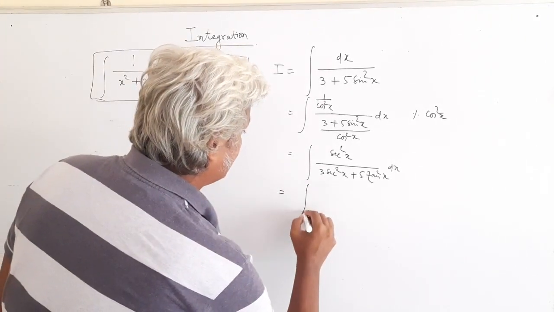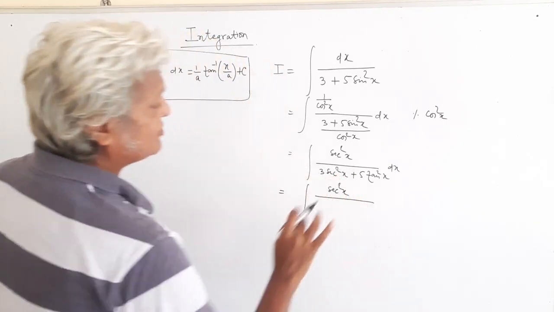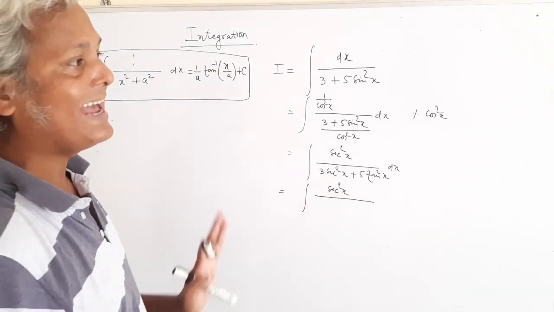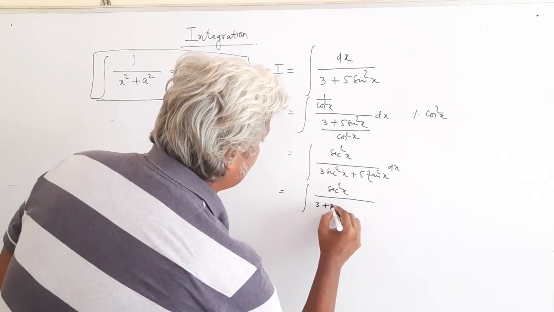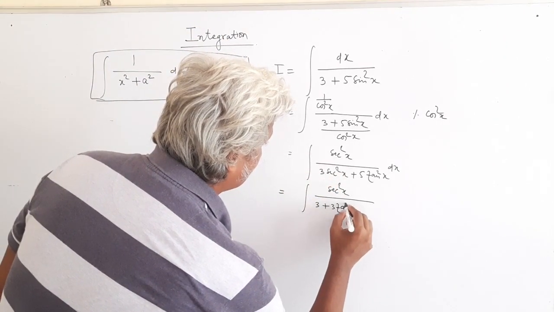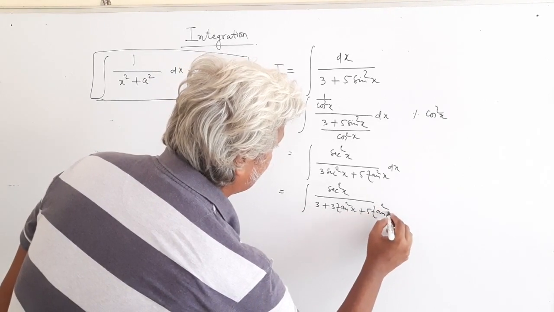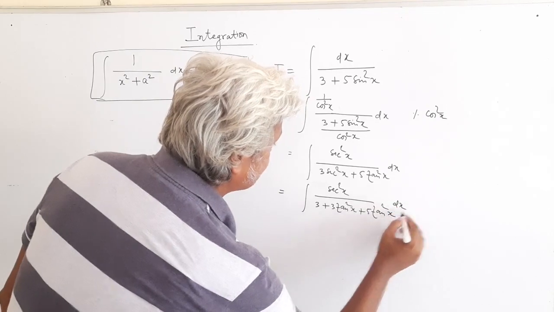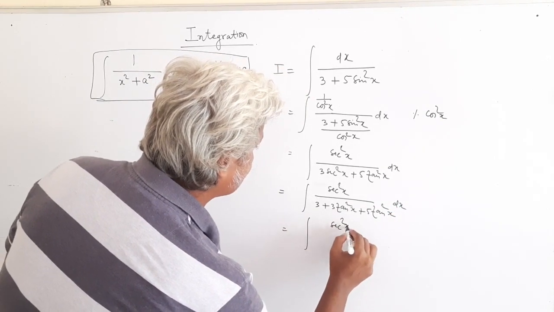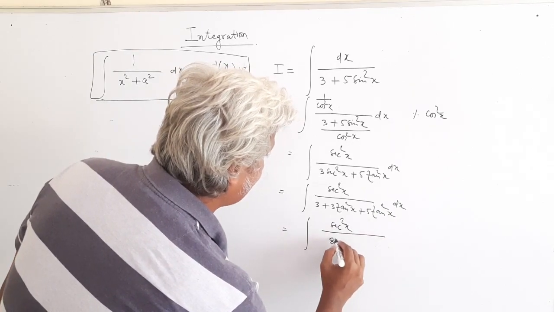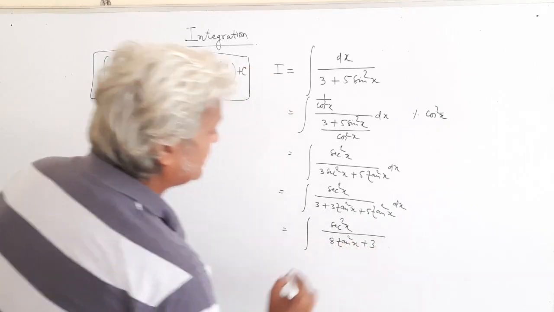So this sec square x is 1 plus tan square x, which means you get 3 plus 3 tan square x plus 5 tan square x dx, and here you get sec square x over 8 tan square x plus 3.